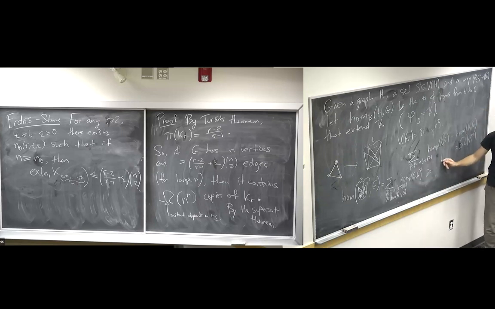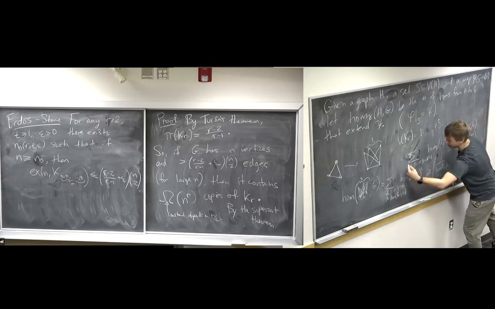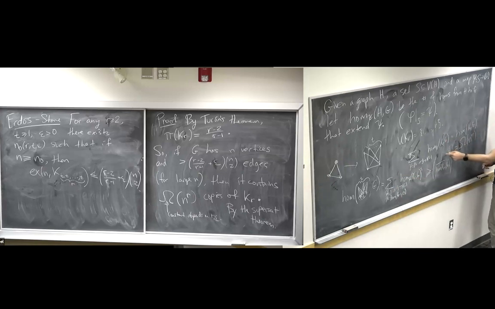So if I apply Hölder's inequality, what you get is this is at least the number of terms of this sum, 1 over that to the t minus 1, times the sum of these things with no power, just power 1.